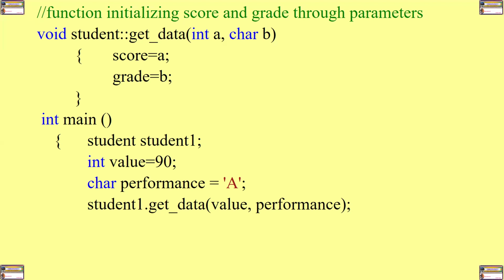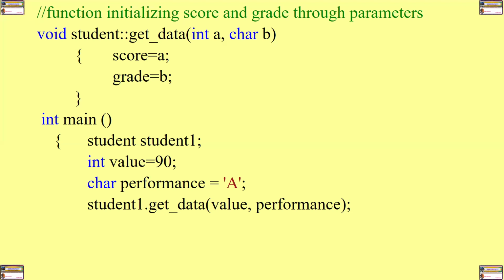Student one. In other words, we are accessing the member called getData through the object for that class called student one. So we have the student one object, then dot. We pass through student one to the function called getData. This function is expected to receive two parameters.